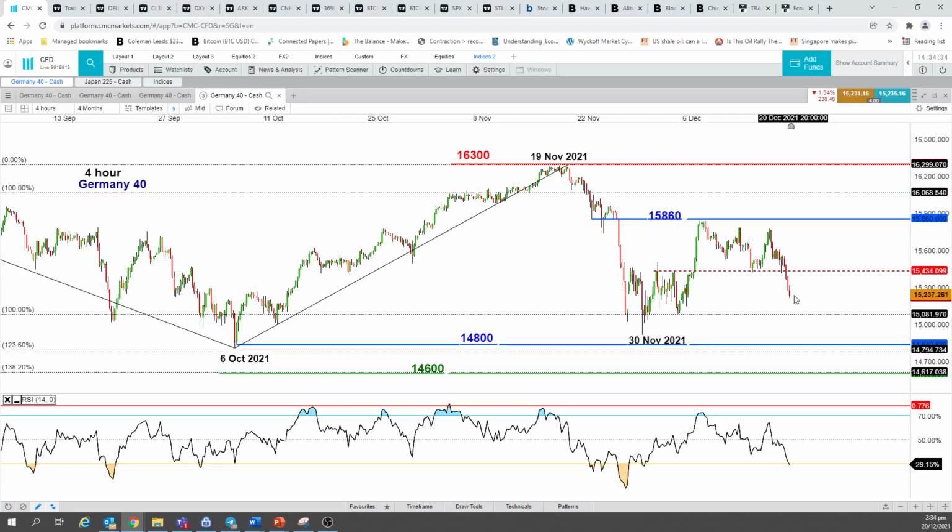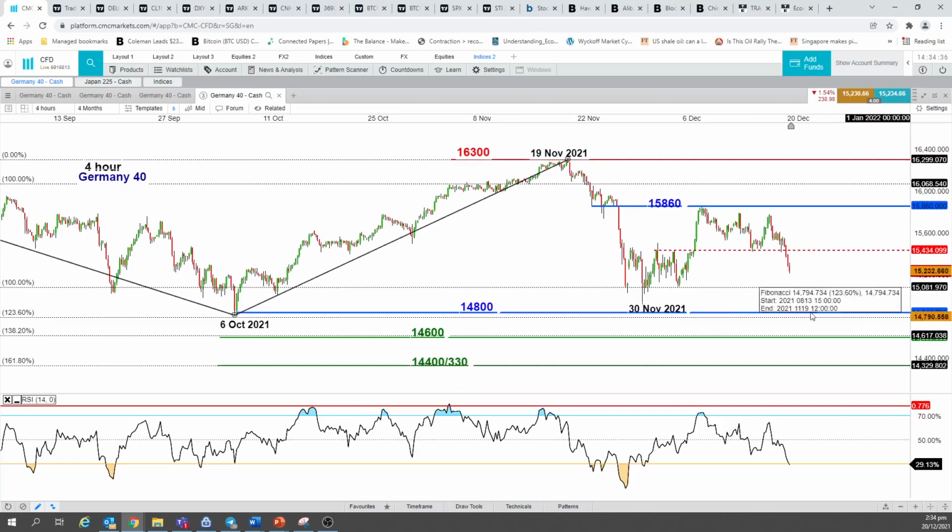However, if we start to see a bearish breakdown below 14,800, a 4-hour close below 14,800, it could extend this bearish bias or downtrend towards 14,600, then thereafter 14,400 slash 14,330 level. All in all, what we could see right now is there is no clear direction at the moment in time, no clear upside direction.